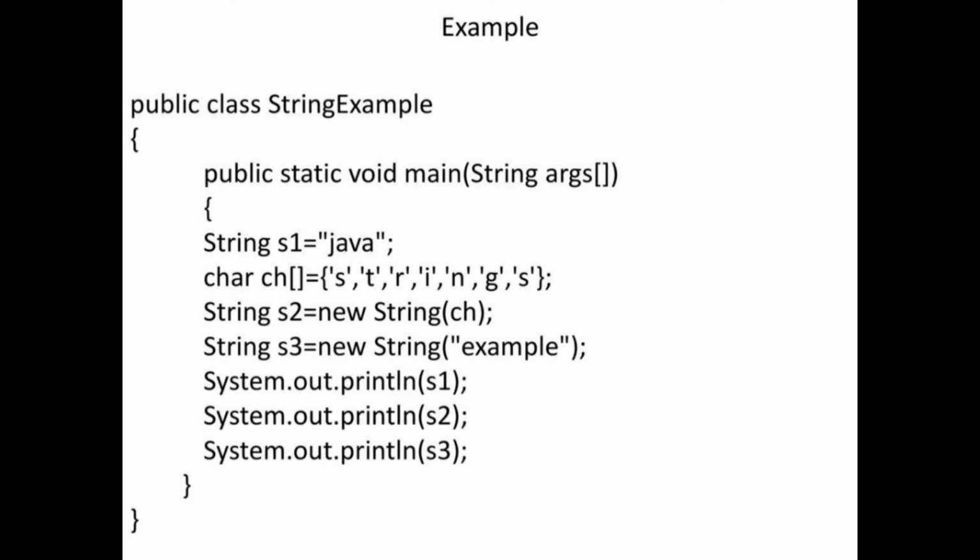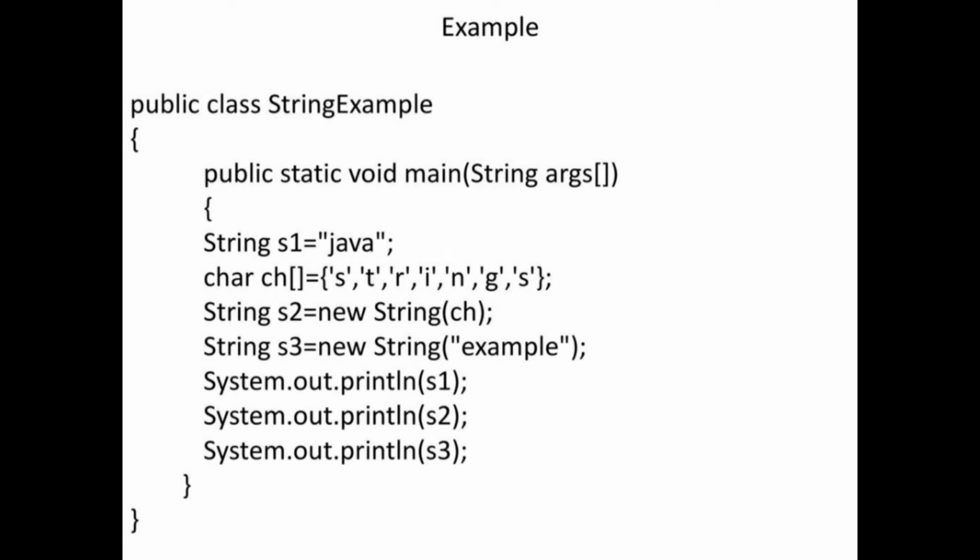And the second one uses a character array, declared here as char array name ch is equal to, inside the curly brackets, single characters written using single quotation marks and separated by commas, curly bracket close, semicolon.